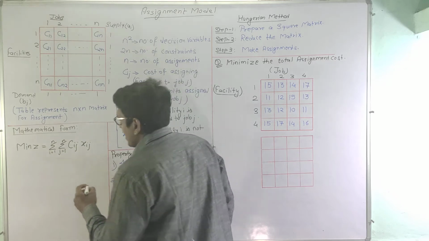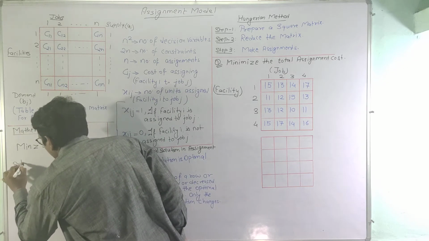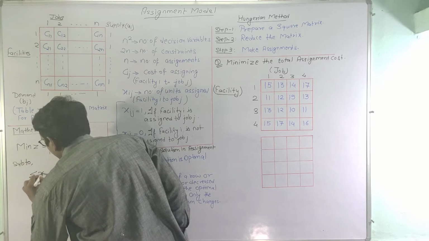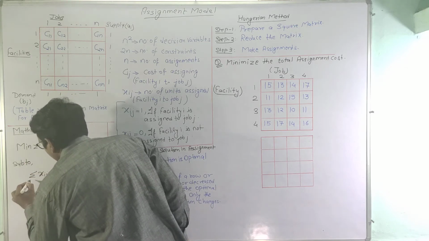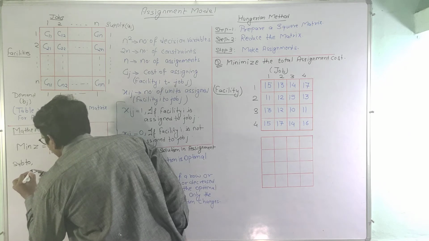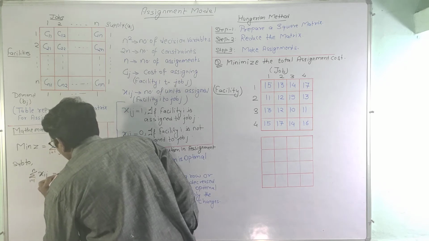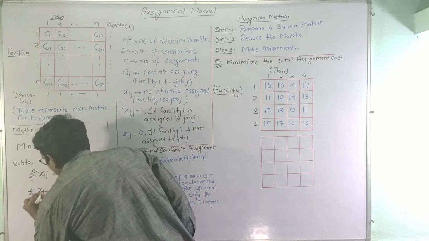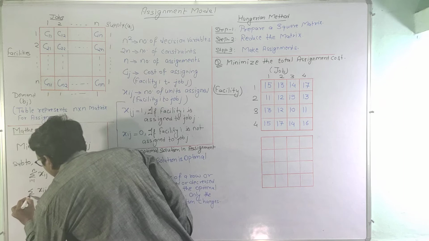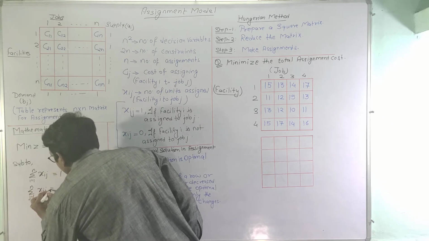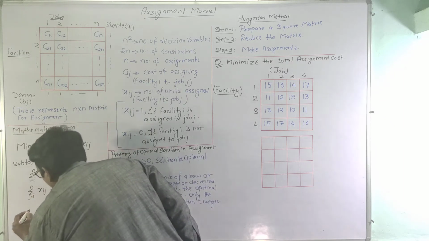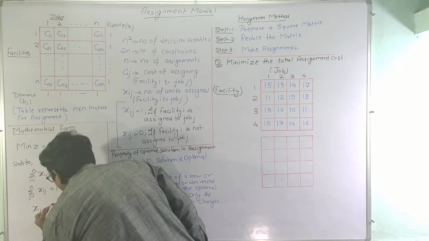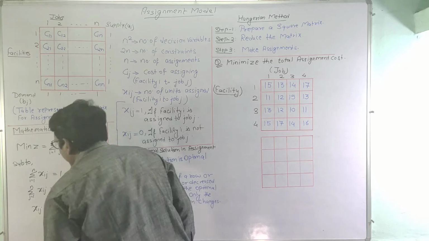Now the constraints: subject to the constraints, summation of Xij for i equal to 1 to n is equal to 1. Similarly, summation of Xij from j equal to 1 to n is equal to 1, and Xij can be either 0 or 1.